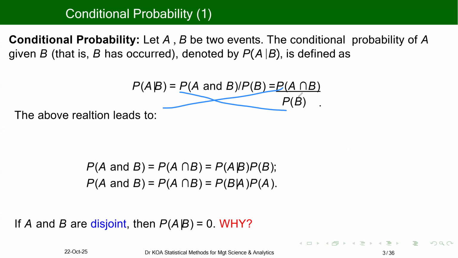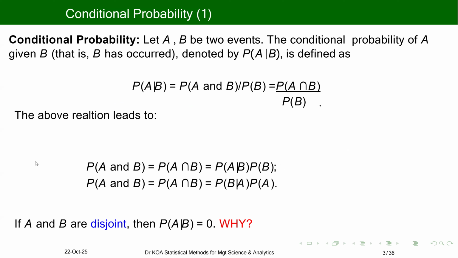Which means that the probability of A intersection B is the probability of A given B multiplied by the probability of B. But also, it is the probability of B given A multiplied by the probability of A. Look at this. If you don't understand, you ask. You have to fully understand this before you see the test.